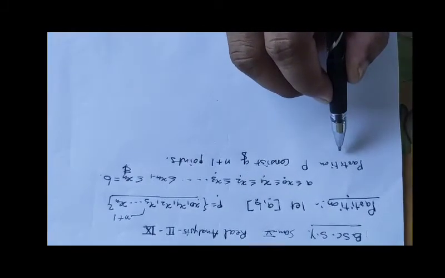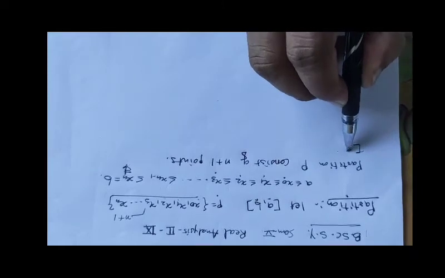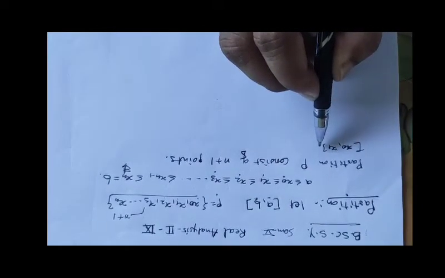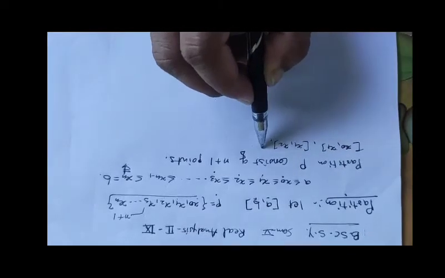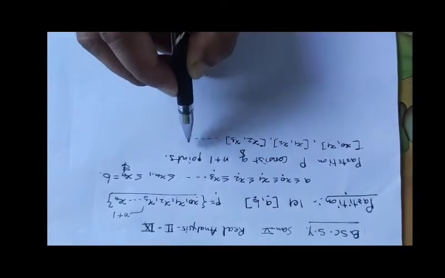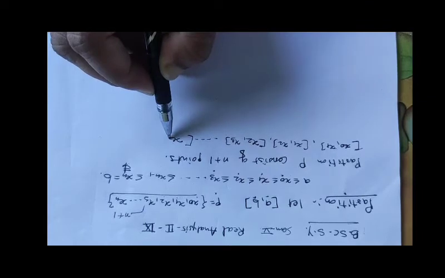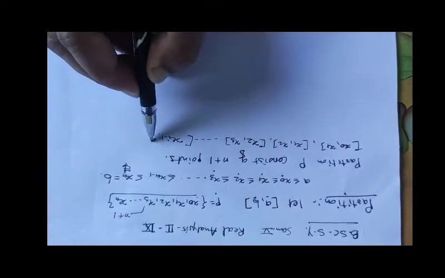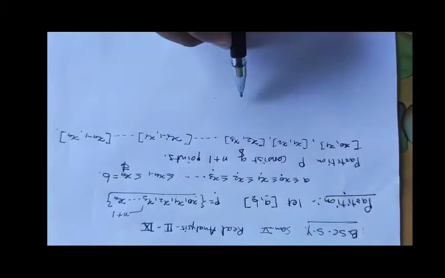I make some intervals for our better understanding. This is x0, this is x1, then x1, x2, x2, x3 and so on, x(i-1), xi, this is the ith interval, then x(n-1) and xn.